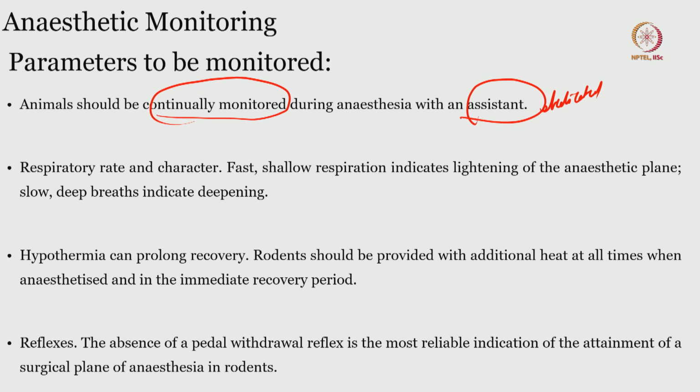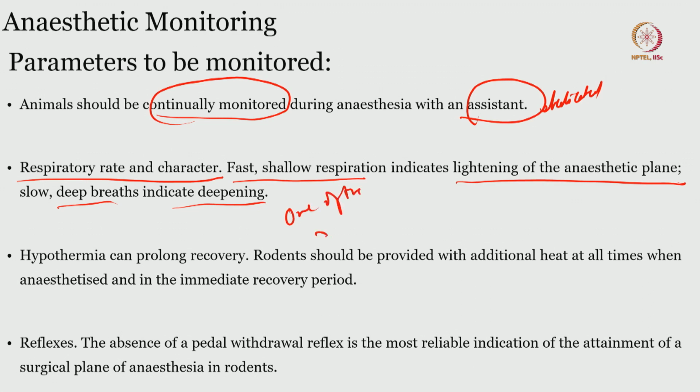And the important thing, as I said, is the respiratory rate and the character. Fast shallow respiration indicates lightening of the anesthetic plane, deep breaths indicate deepening. This is one of the reasons for the change in the respiratory rate and character.